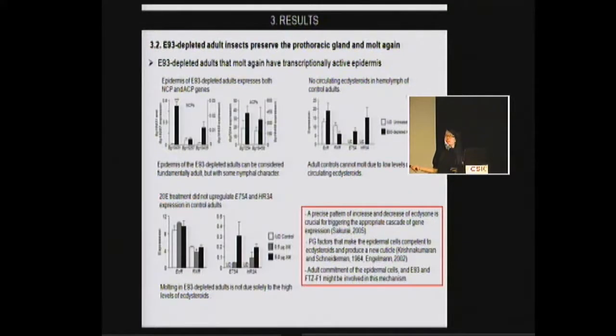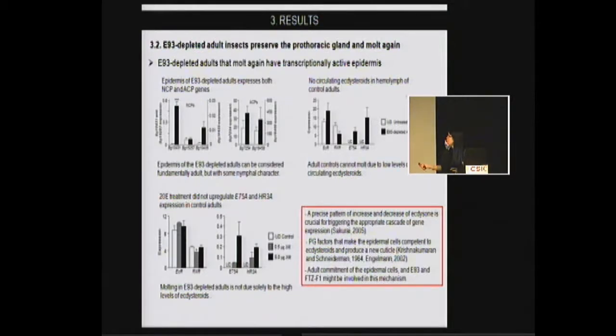But in the case of adult cuticular protein genes, the expression in E93 treated adults is more or less similar to the control. So from this result, we can consider the cuticle of E93 depleted adults in general to be the cuticle of an adult, but with some nymphal character. And this gives us a clue why they still respond to ecdysone in the epidermis.